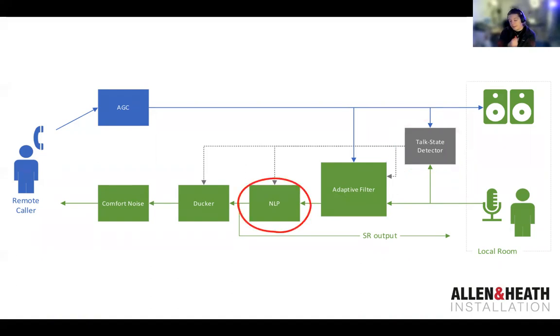Next up, we have NLP. Well, what is NLP? NLP is nonlinear processing, and essentially it implements further processing to attenuate any residual echo. It reduces the primary echo while the adaptive filter is completing its functions. In a nutshell, it uses a subtraction technique where both the far end and the filter error signals are transformed into the frequency domain.